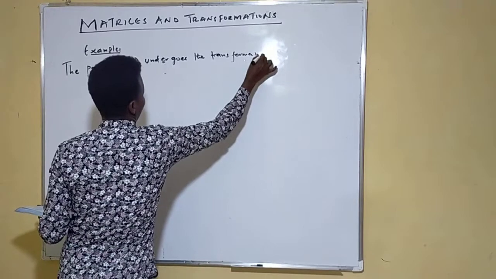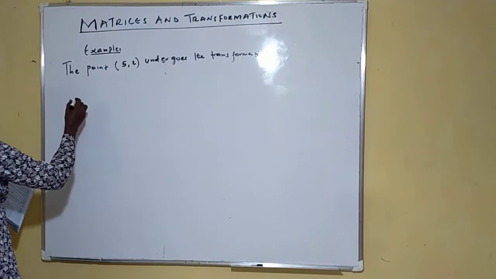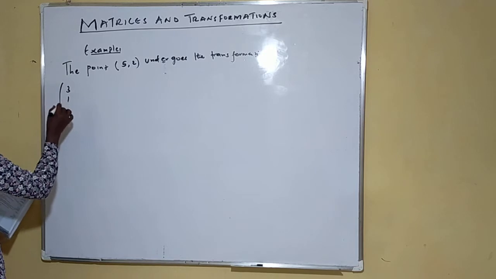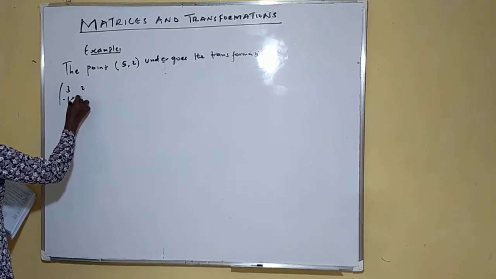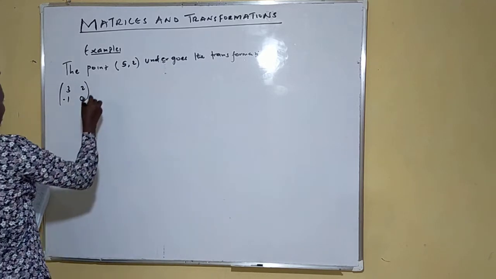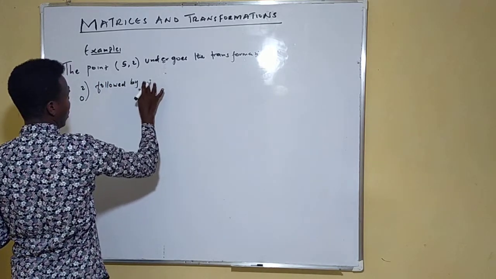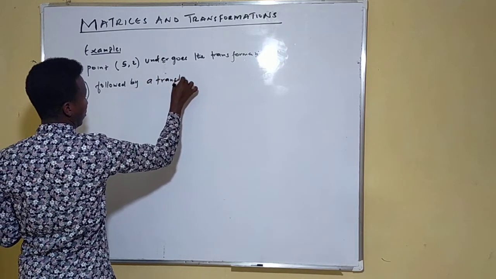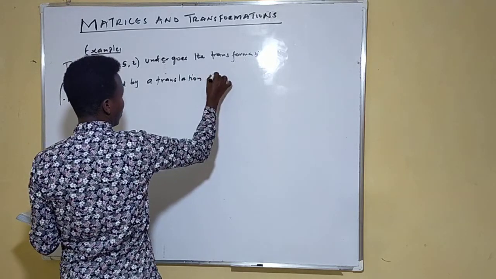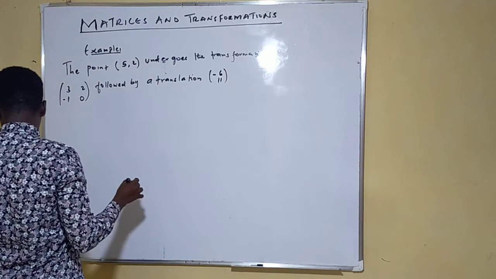You're told the point which is (5, 2), and it undergoes the transformation with the matrix (3, 1; -1, 2, 0), followed by a translation which is (-6, 11) in column vector.